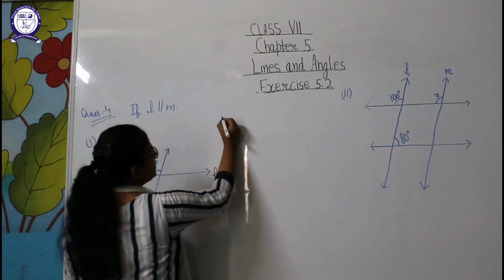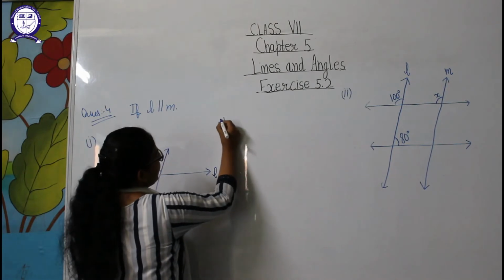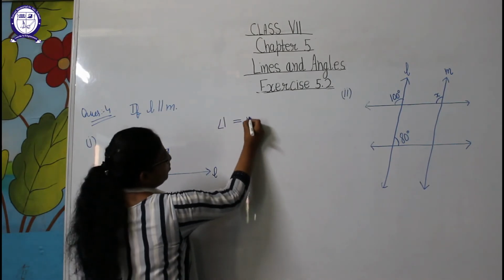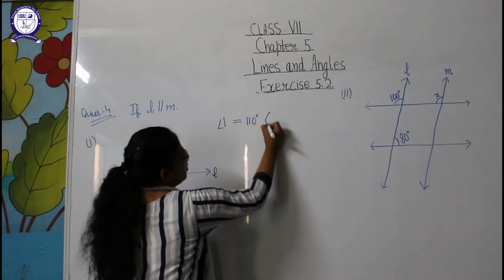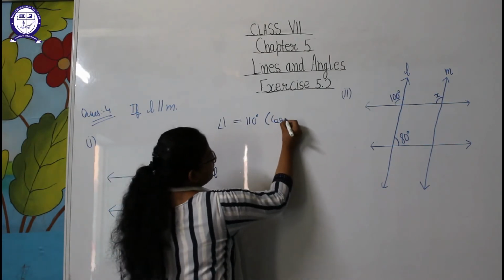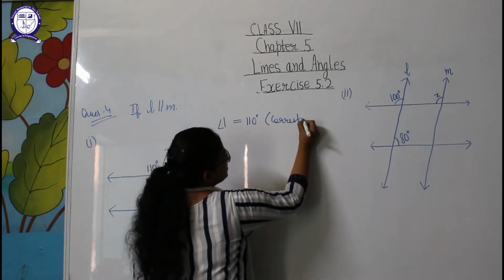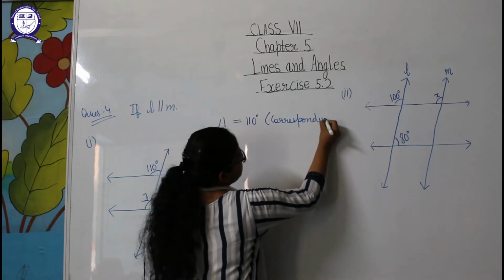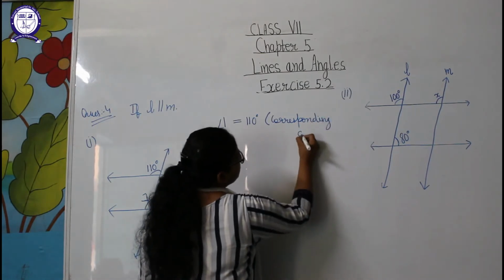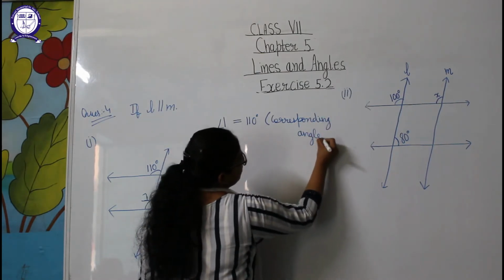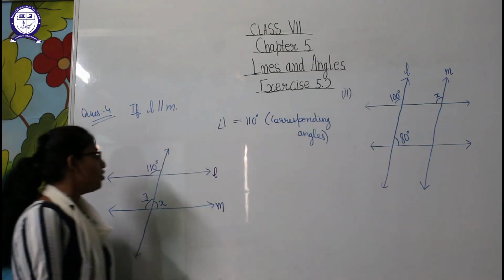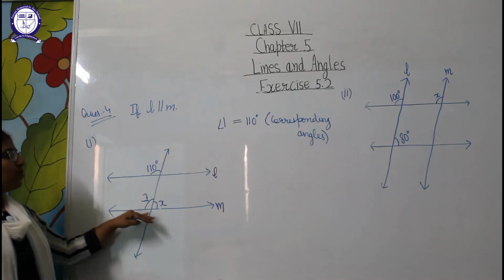So I'll write angle 1 is equal to 110 degree. Why? Because they are corresponding angles. Now what's the relation between angle 1 and X?